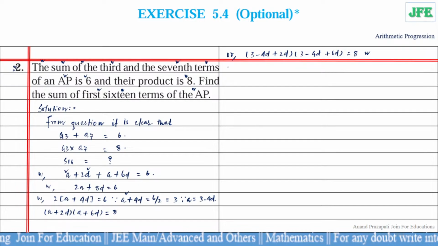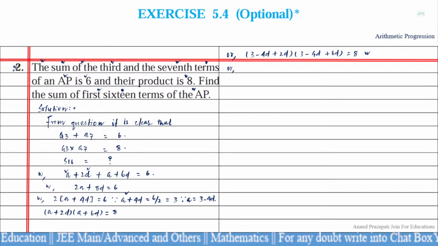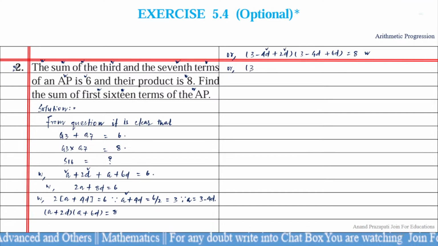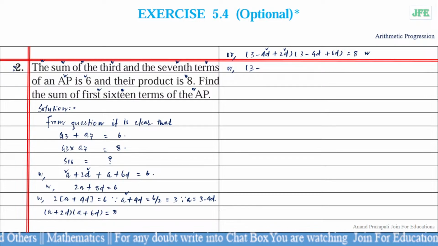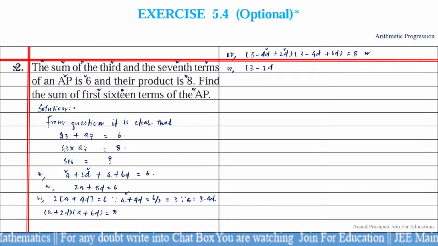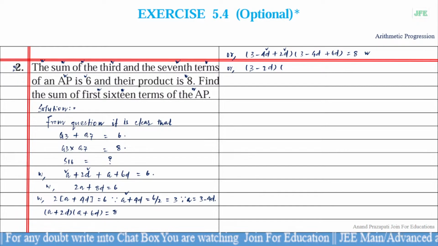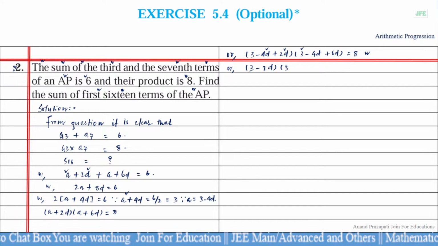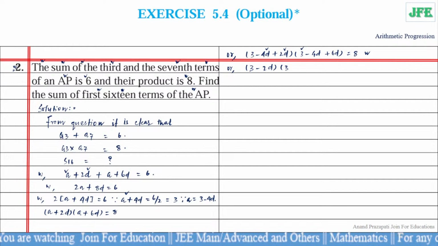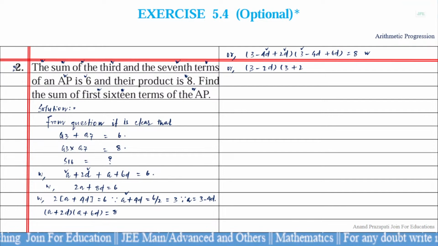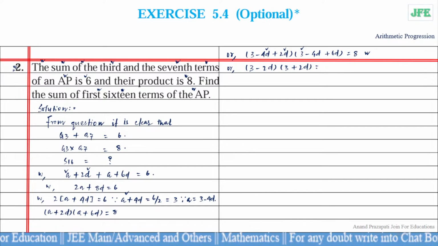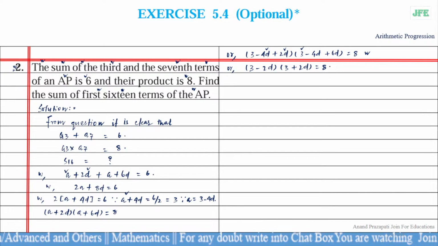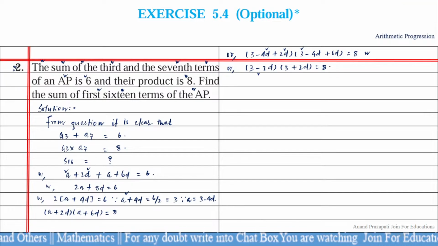So the next step will be 3 minus 4d plus 2d equal to 3 minus 2d, and 3 minus 4d plus 6d equal to 3 plus 2d, into 8. So this is in the form of (a minus b) into (a plus b).